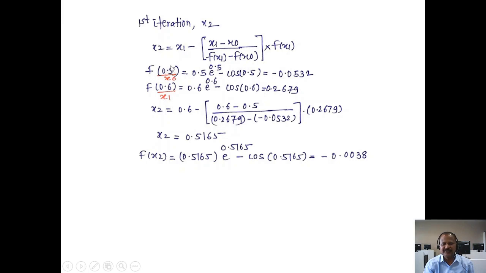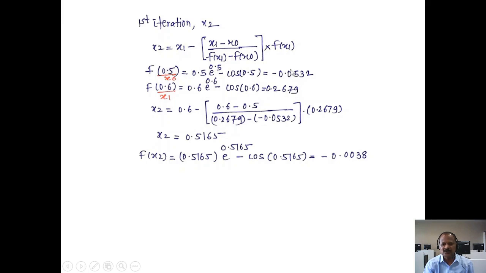First, for 0.5, we put it into the equation: 0.5 into e raised to 0.5 minus cos of 0.5 is equal to minus 0.0532. This is the answer. Then we have to find f of x1. x1 is 0.6, so we put 0.6 in this equation: 0.6 into e raised to 0.6 minus cos of 0.6 is equal to 0.2679.